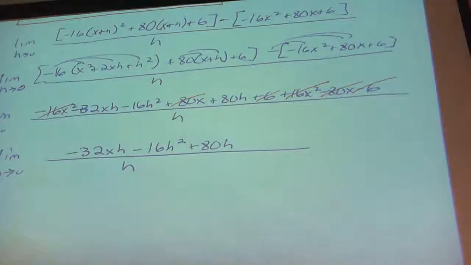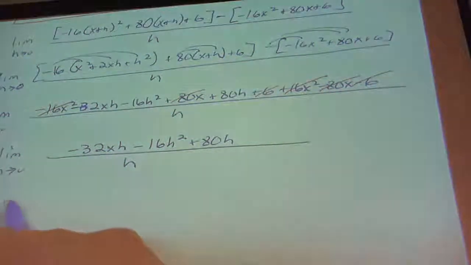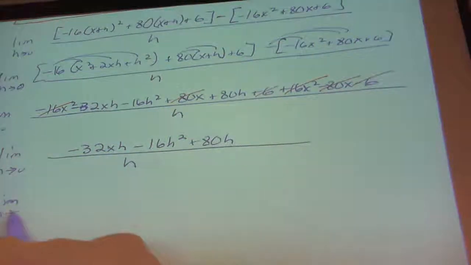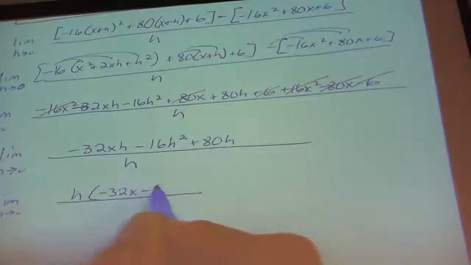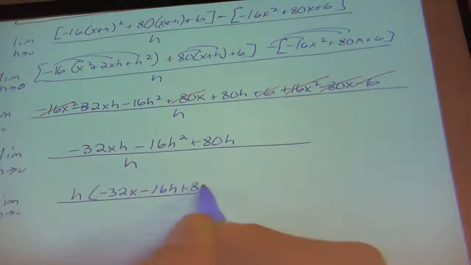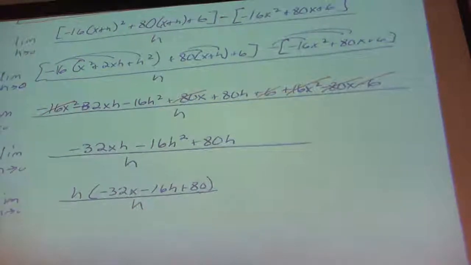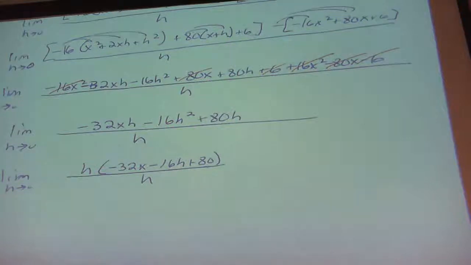What are we going to do? Factor out an h. And I do that because I can't plug in that 0 because there's always an h on the denominator.